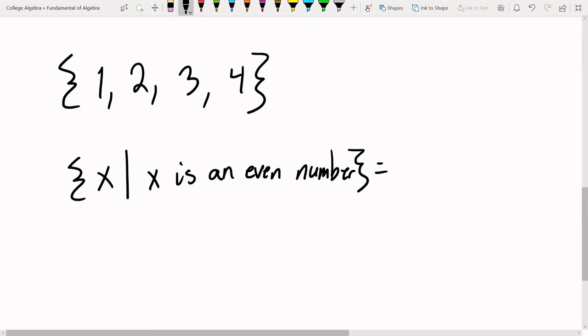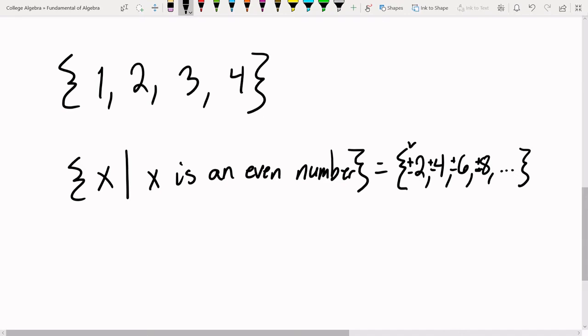For instance, we could say that this is also equal to 2, 4, 6, 8, and so on and so forth. This, of course, is only the positive even numbers, so we'd have to also include the negatives. So we could say something like plus or minus 2, plus or minus 4, plus or minus 6, and 8.